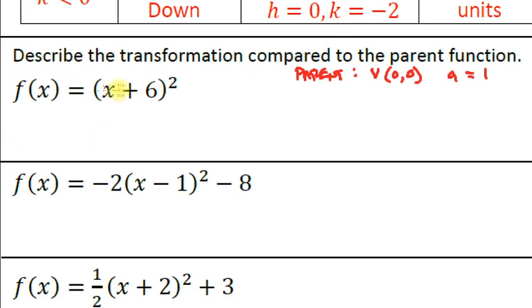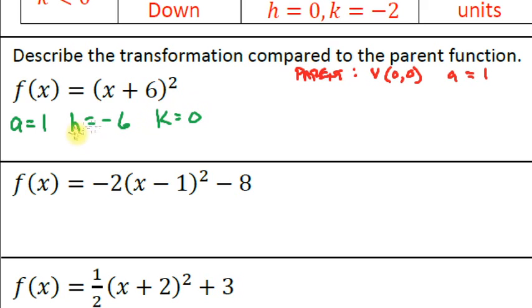F of x equals x plus 6 squared. All right, so I see here that a is equal to 1. That means we've got a parabola that faces up and it's not stretched or compressed. H is equal to negative 6 and k is equal to 0.